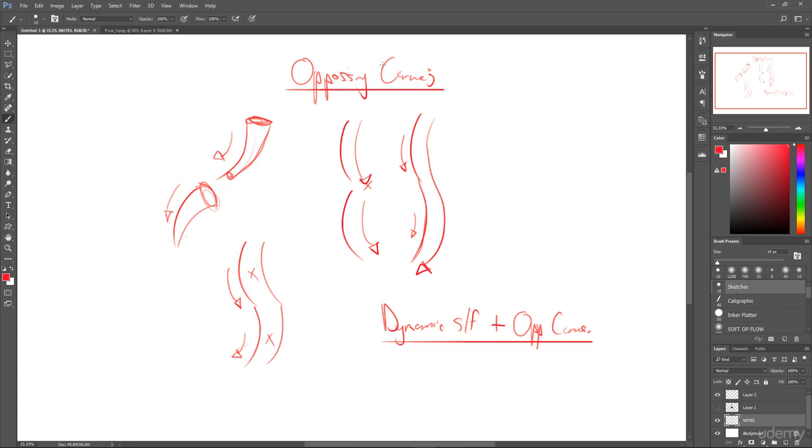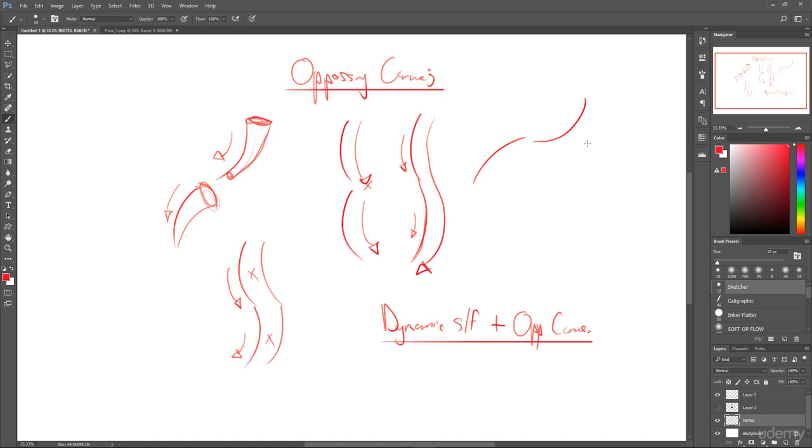So opposing curves theory, once again, is just that something curves one way, and you then curve it another way. You may be saying, hey, I've heard of something called straight to curve, or curve against straight. That is in fact a different theory that has nothing to do with gesture. It has more to do with avoiding parallels, or creating non-parallel shapes, which we will talk about later in the course.